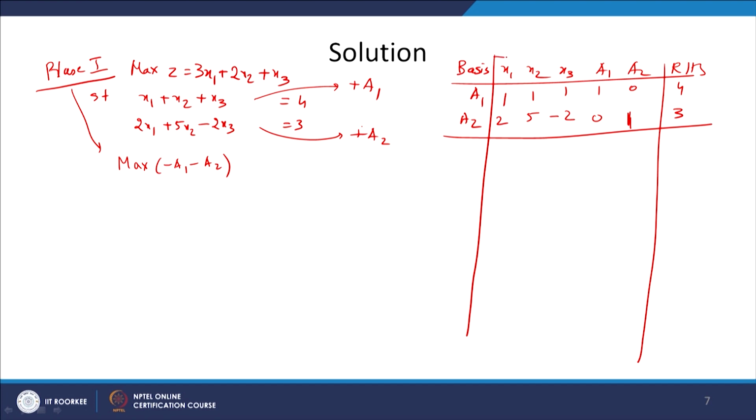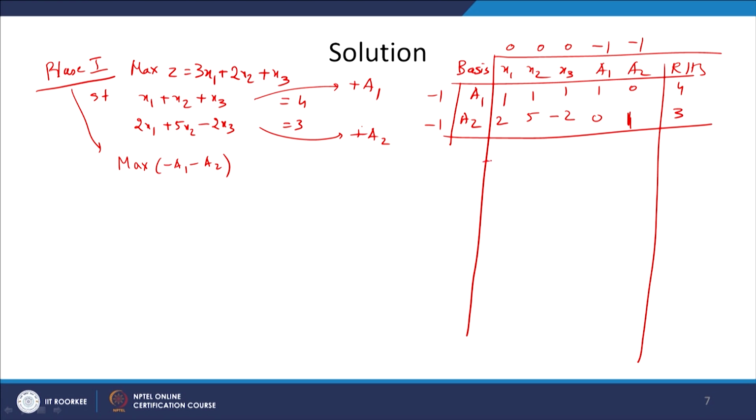And the coefficients of the objective function are only minus 1 and minus 1 for A1 and A2 and the remaining are 0. Again we need to write down minus 1 and minus 1 for the coefficients of the basic variables.